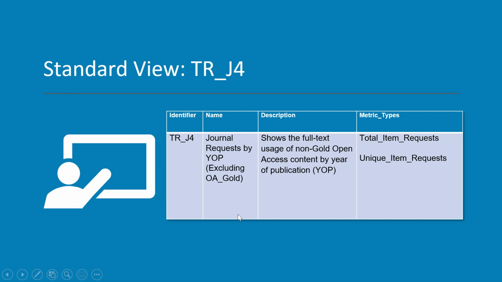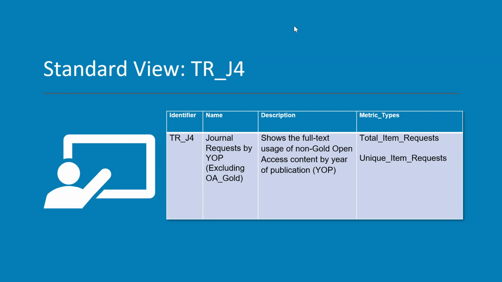Now we're moving on to the TRJ4. Again, a really useful report. And it shows the usage of non-gold open access by year of publication. It has two metric types: total item requests and unique item requests.